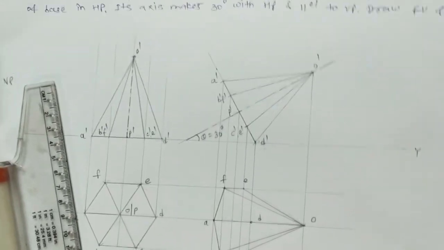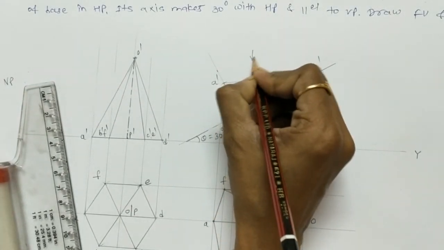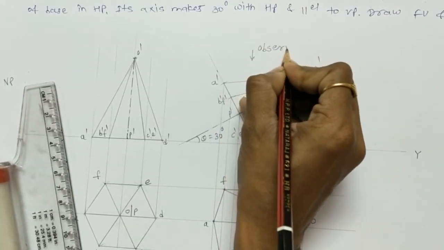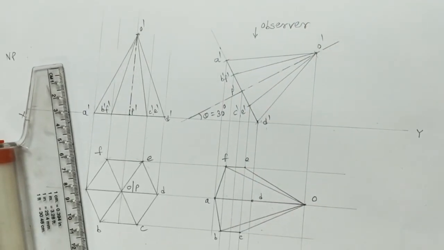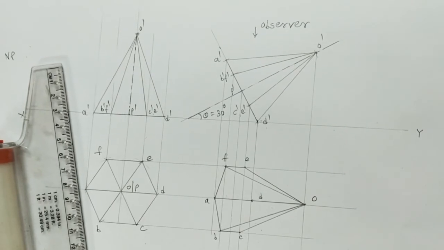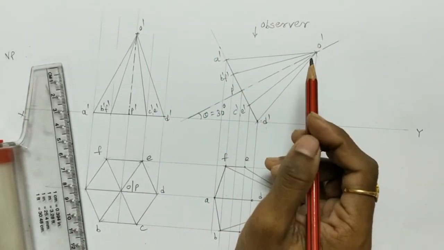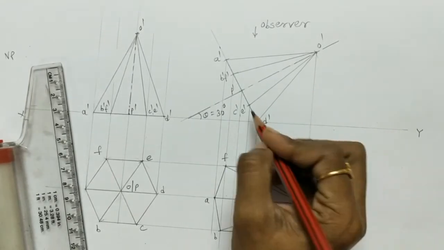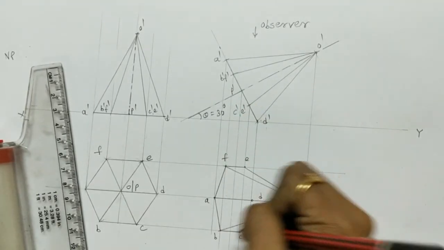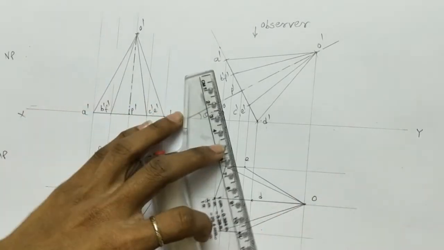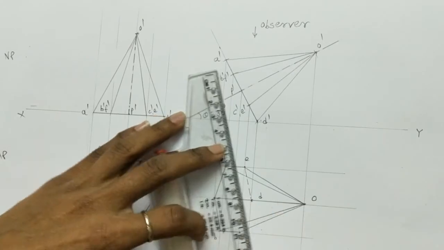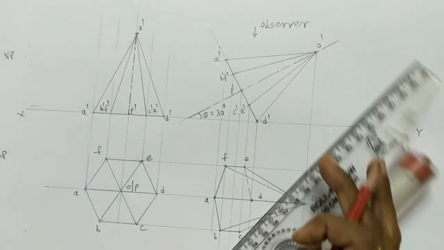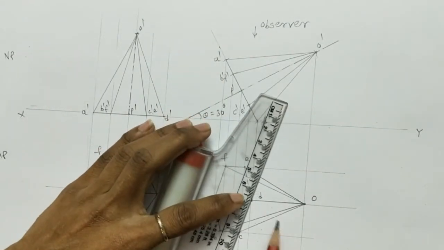So this is the direction of observer. So when observer will see from top, then this C and D, this portion will be hidden. So join these lines by dotted lines CD.